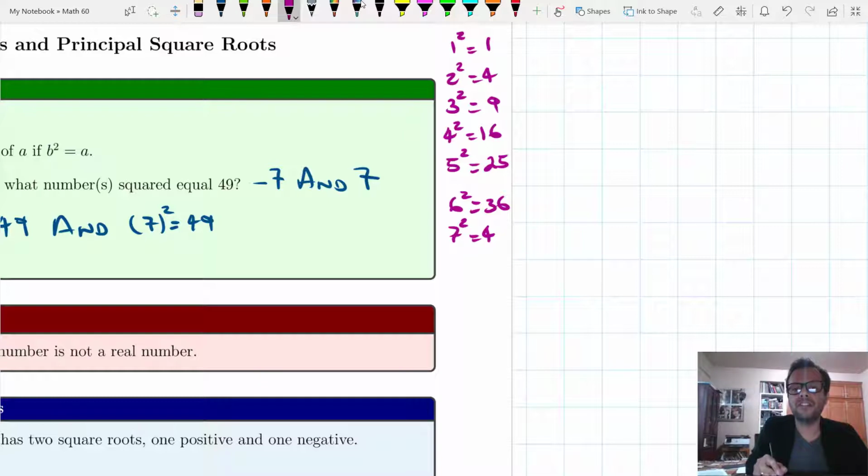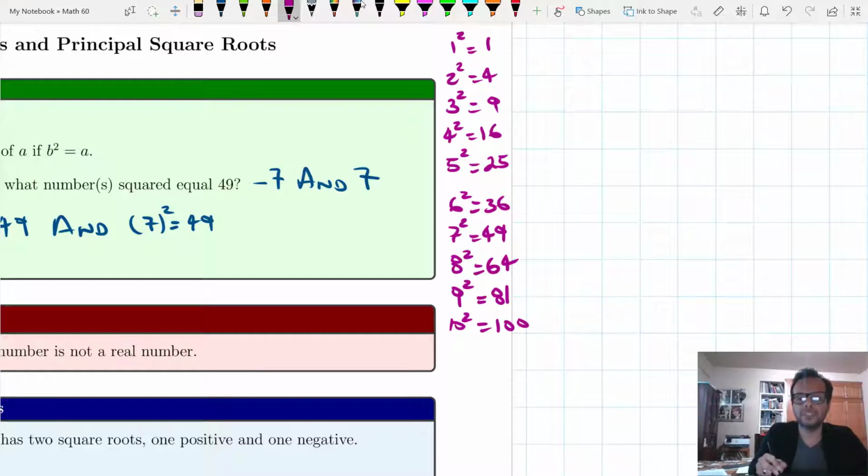8 squared equals 64. 9 squared equals 81. 10 squared equals 100. 11 squared equals 121. 12 squared equals 144.